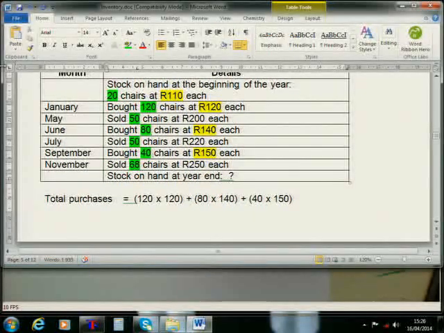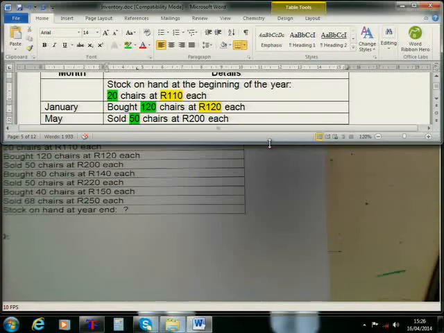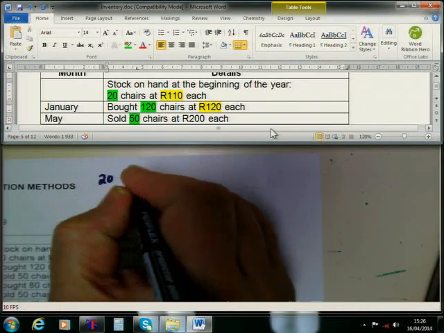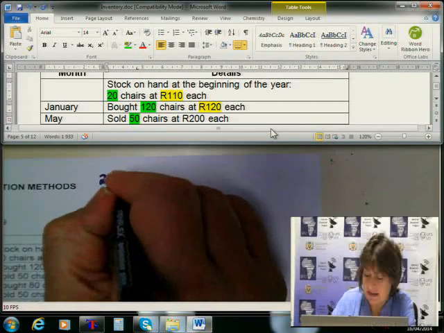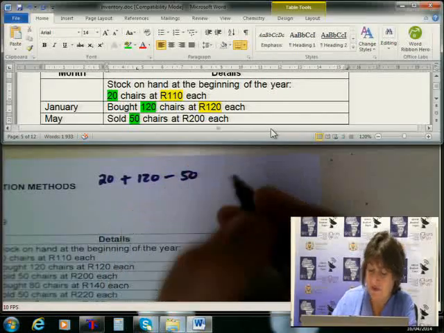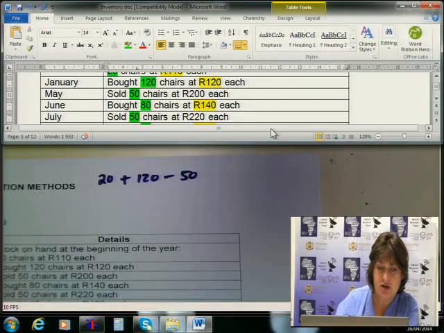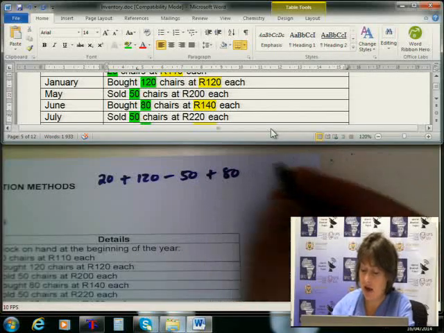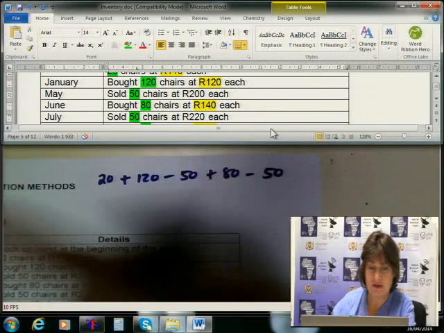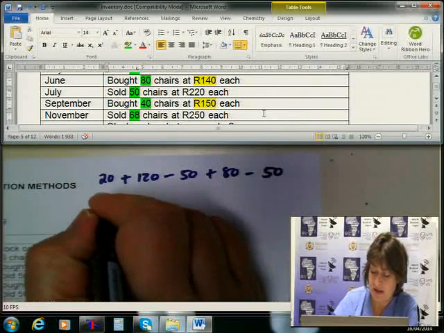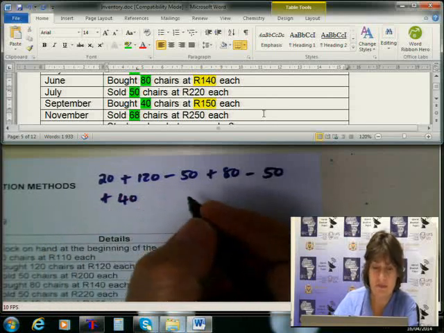So we start with 20. We started with 20 plus 120 minus 50. And then in June we bought another 80. And then in July we sold another 50. In September, we bought another 40.